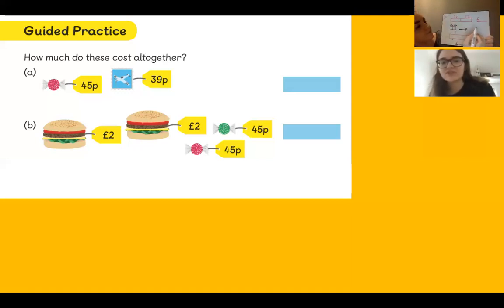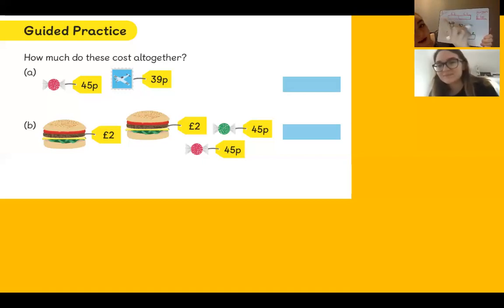So if we have £2, add £2, which is £4 for your 2 burgers. And then we have 45 pence, add 45 pence for your 2 sweets. Now 45 add 45 is 90p. Well done. Good.